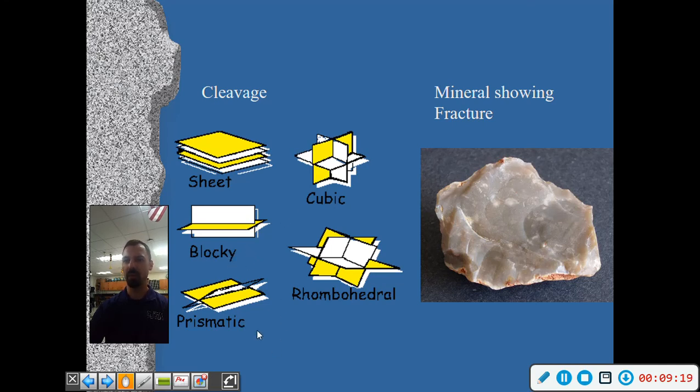And then there are more complex ones. Rhombohedral is actually 3-dimensional also, which is like a tilted cube. We'll definitely look at that one. Prismatic, we won't really look at the prismatic or the tetrahedron ones as much. They're a lot more complex, and it's harder to read the amount of planes on those. Fracture is anything else. It's uneven, and you can see that in that picture.